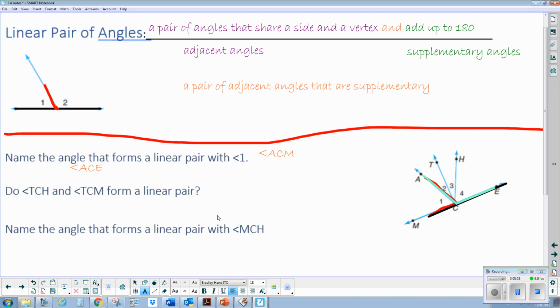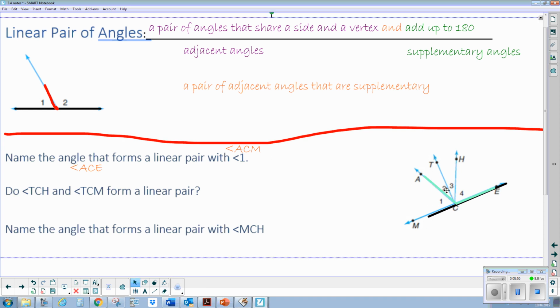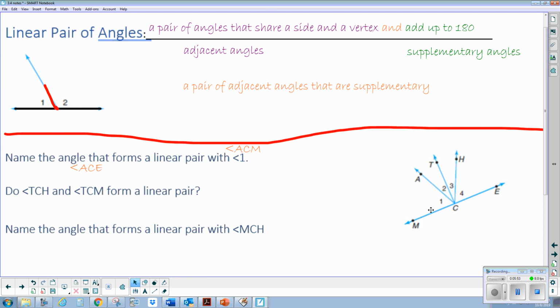The second one asks, do angles TCH and TCM form a linear pair? I'm just going to erase what I have so that we can identify that angle. If you look at this, you can see that they do not form a straight line. So no, because the two angles are not supplementary.